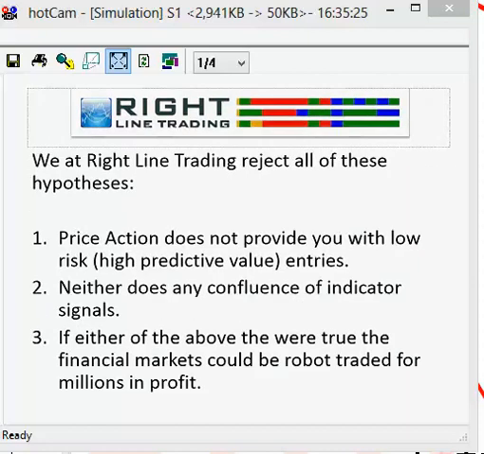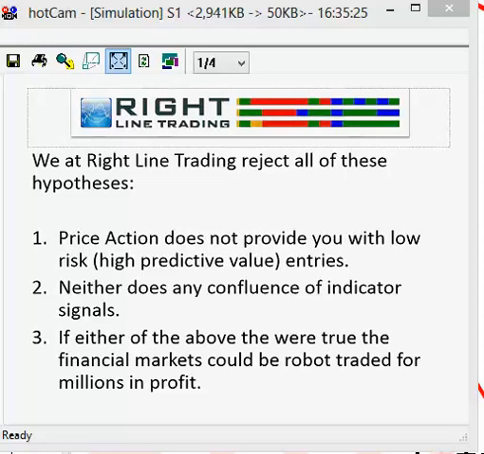What we have found via mathematical modeling is that price action alone does not provide you with low risk, high predictive value entries. Neither does any confluence of indicator signals. If there was some confluence of indicator signals, when the oscillator hits some certain value, when the MACD hits some certain value, and these are both momentum indicators, that would trigger a buy or sell with a high predictive value, then the market could be robot traded for millions of dollars in profit.